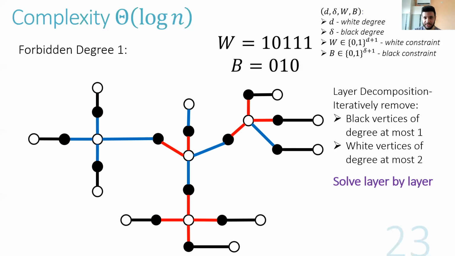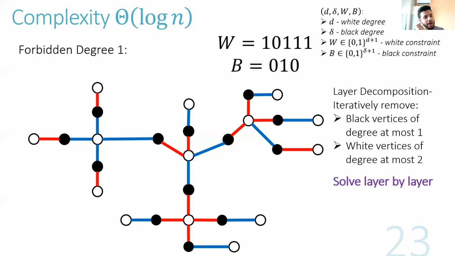And we continue as such. One can very easily show that this layer decomposition will have only O of log n layers. And so this entire algorithm will take O of log n rounds.